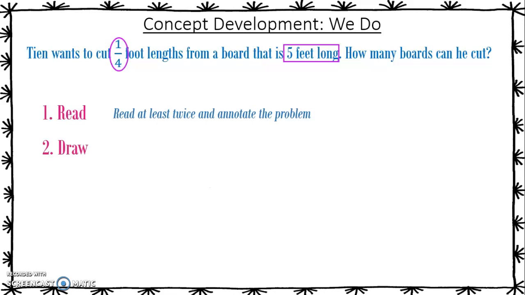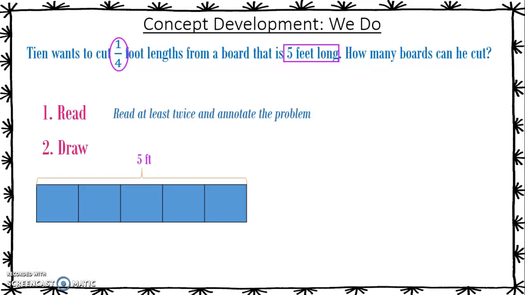All right, let's draw a picture of that. If I have a board that is 5 feet long, and I cut each of those feet into 1/4 sections, my question is now, how many of those smaller boards do I have?